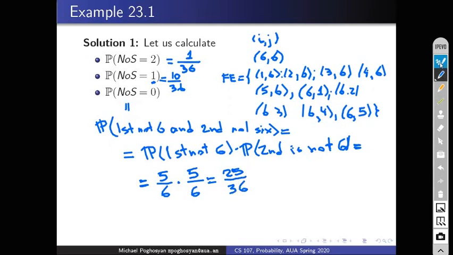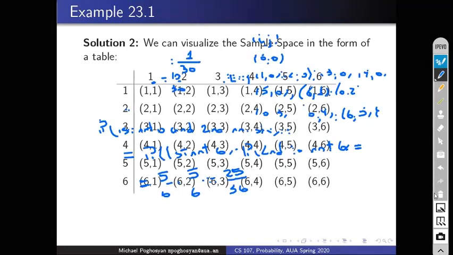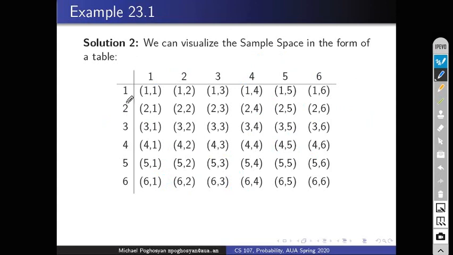Okay, let's move forward. And for the other solution, so this is solution number 2, we can visualize the sample space in the form of a table. So here is the result of first die.